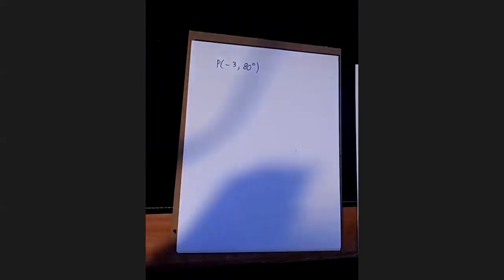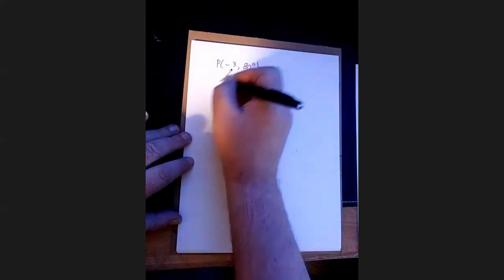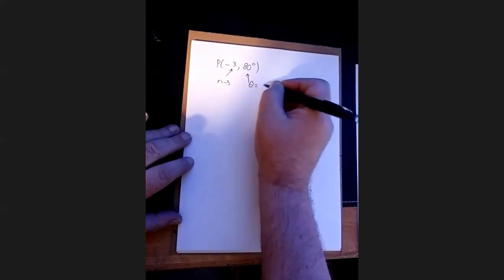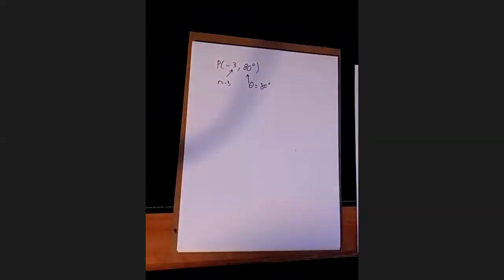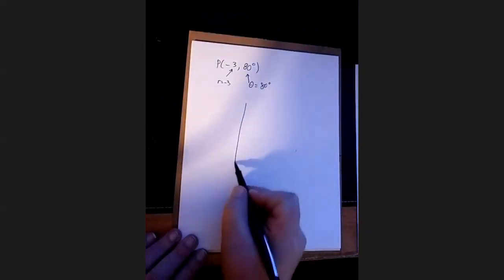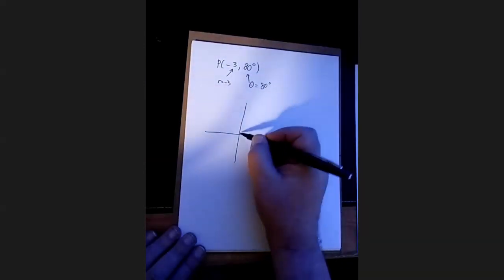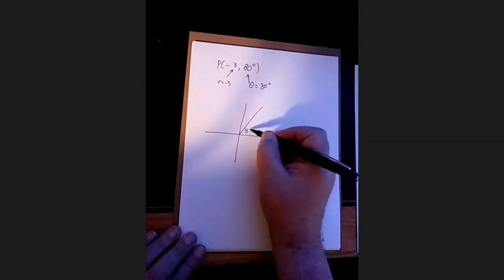So this, as we know, is the r value, and this angle is the theta value. Now you do an angle of 80 degrees.